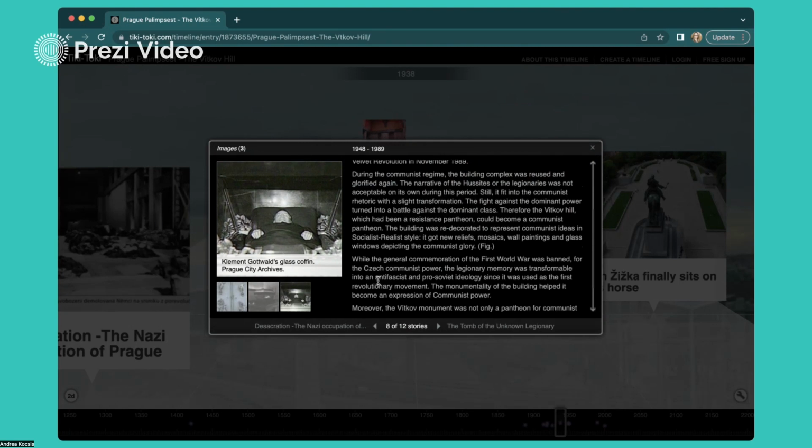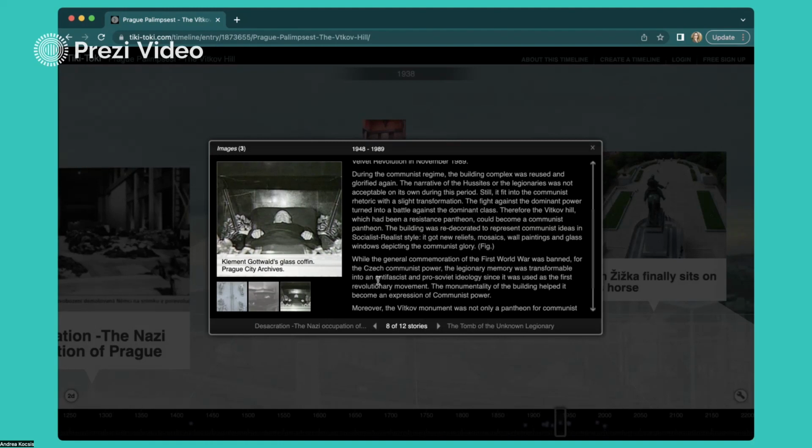The reason for being able to use this building was, again, in relation to the Hussites. The way the Hussites fought against the aristocratic oppression of Emperor Sigismund was transformable into a fight against the dominant social class.